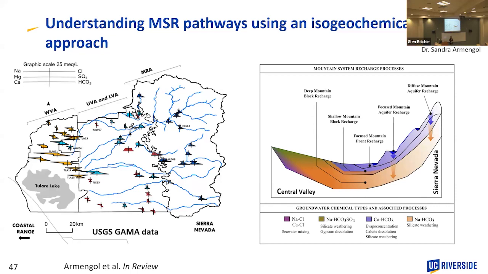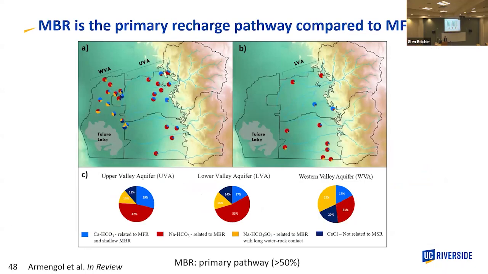The result of our analysis showed that the shallow flow paths are mainly composed of calcium bicarbonate water, and deeper flow paths are sodium bicarbonates that are impacted by the weathering of the granite bedrock. So using this information from the geochemical data, we developed a mixing model to quantify the contribution of mountain front versus mountain block recharge. And the result of geochemistry showed more than 50% of recharge is mountain block.